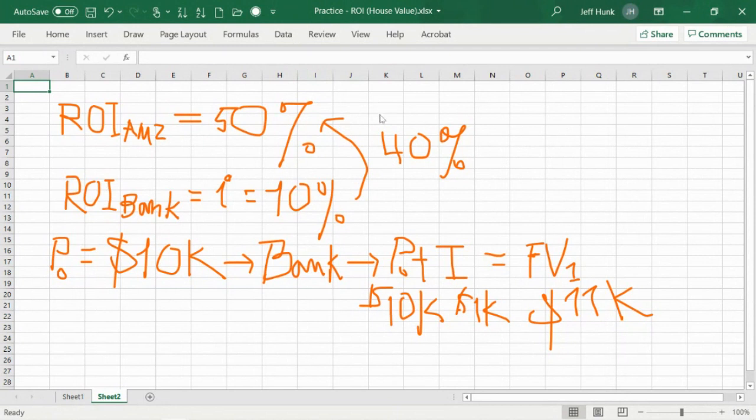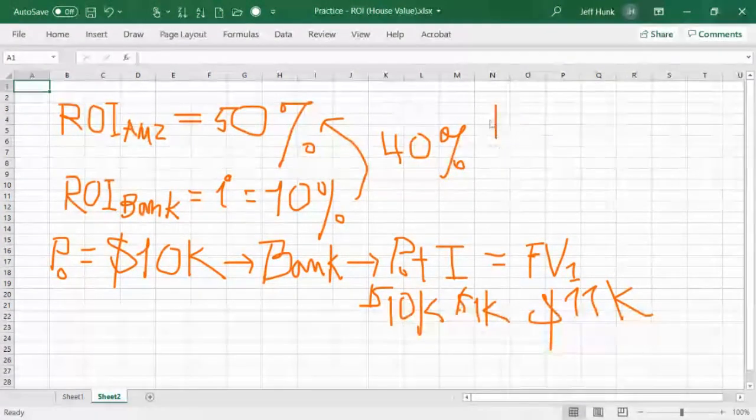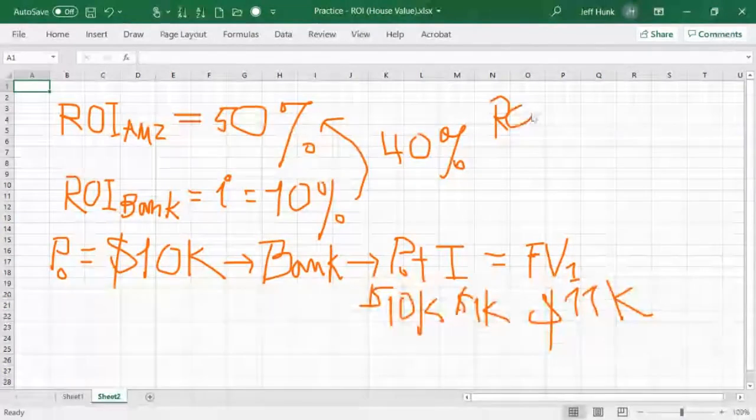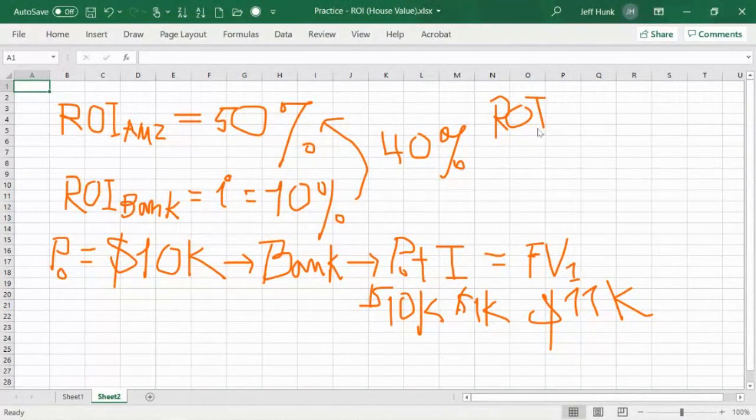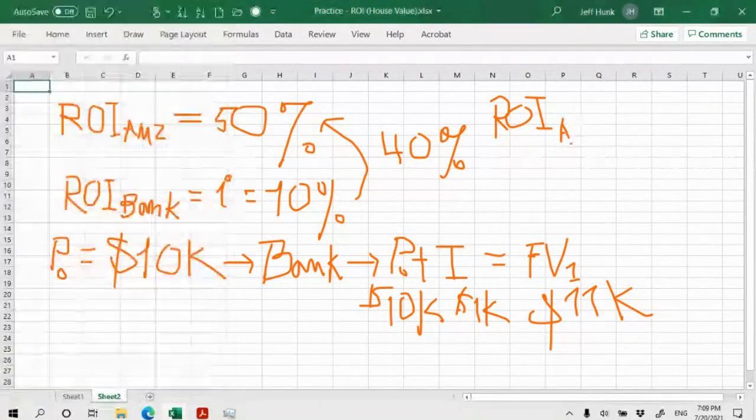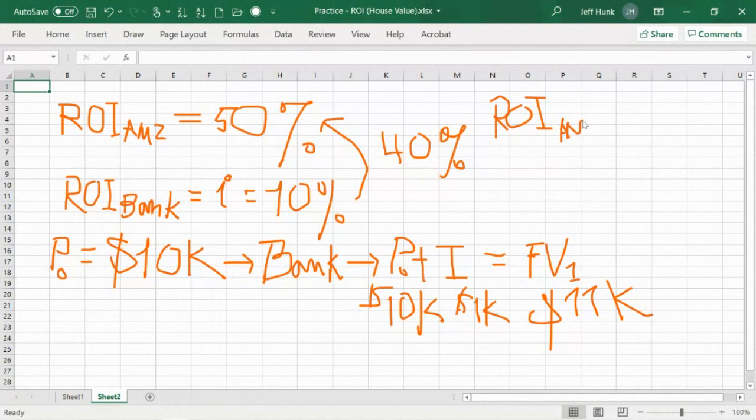What if in the bad case scenario, the return on investment in Amazon was 0% or even negative?